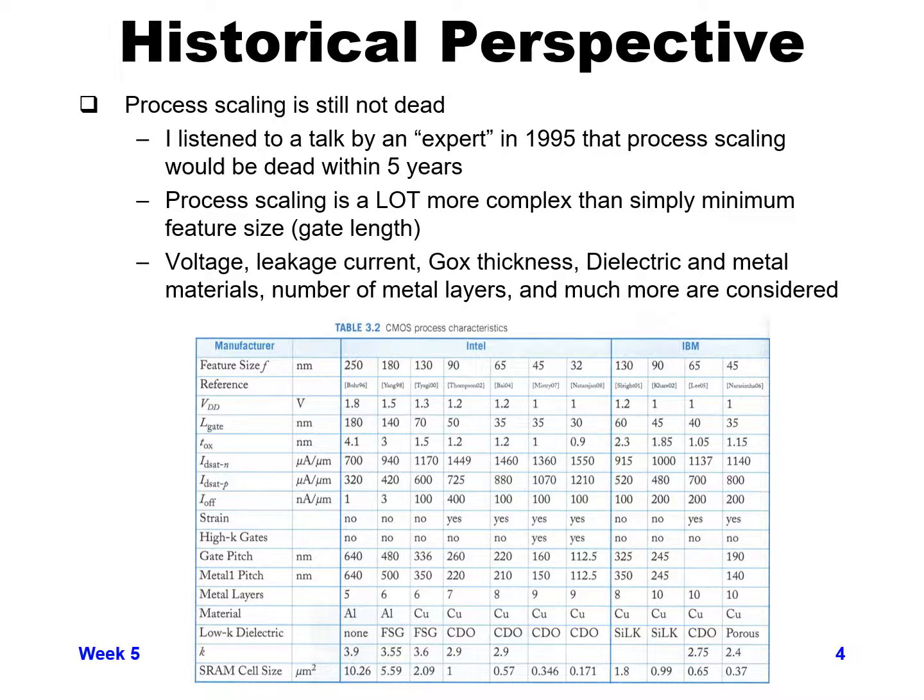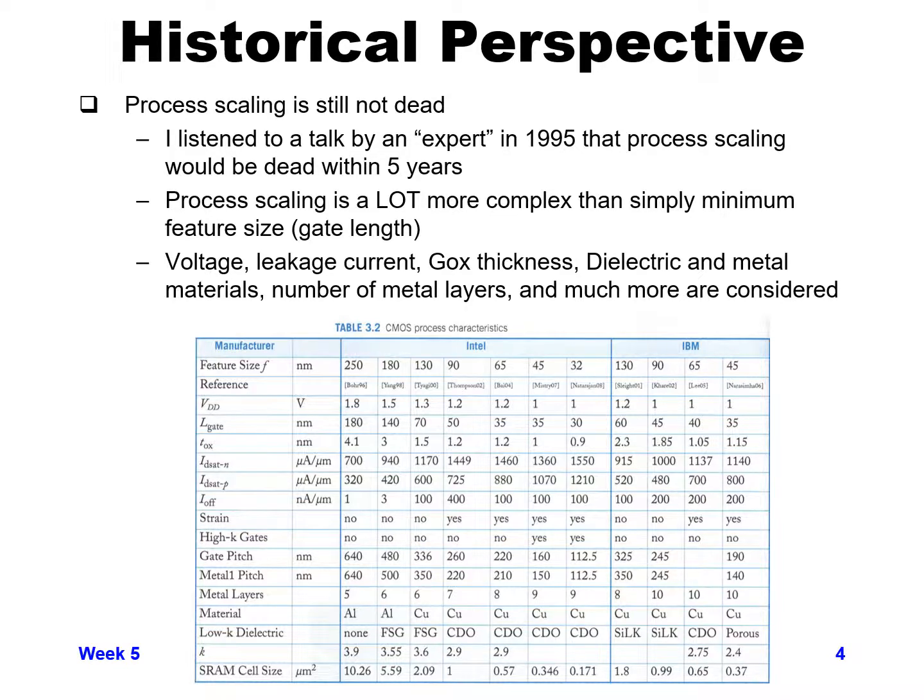We're scaling voltage, leakage current, gate oxide thickness, dielectric and metal materials, the number of metal layers, the type of transistor, using FinFETs, etc., as opposed to planar FETs, and much more is being considered going into the future.